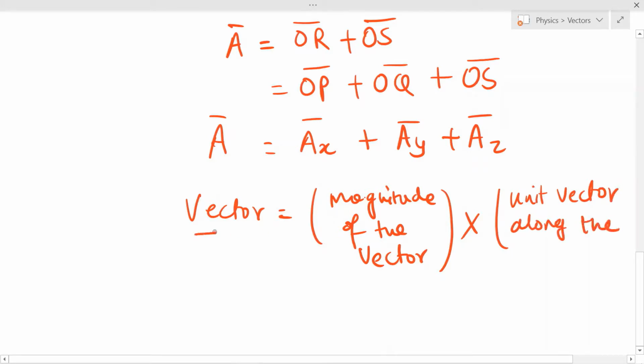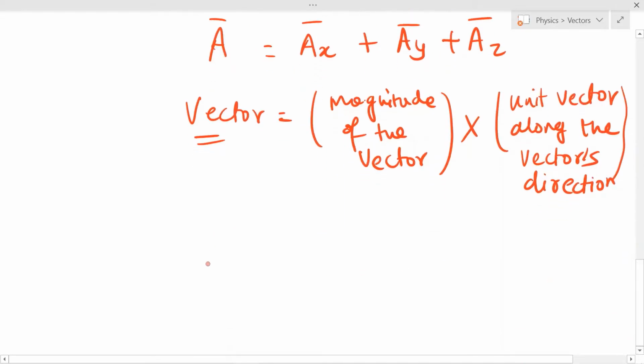So A bar is equal to, now AX bar can be written as AX, that is magnitude of the vector, times the unit vector along the direction of the vector AX bar, which is nothing but I cap.